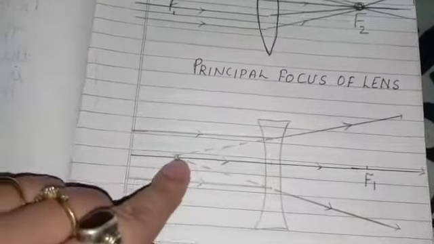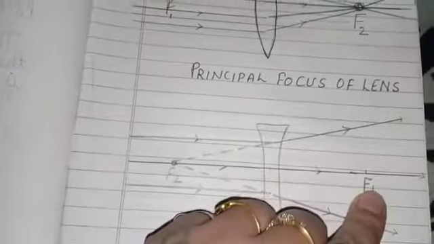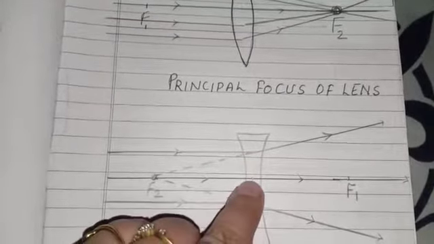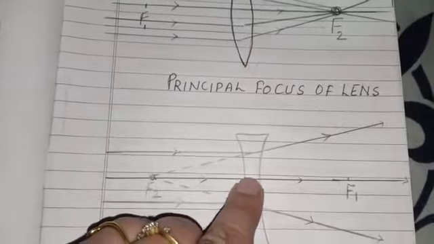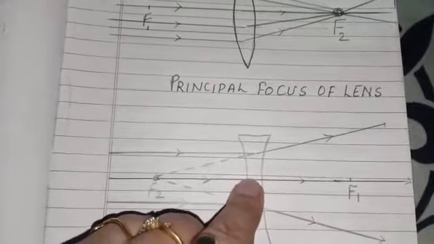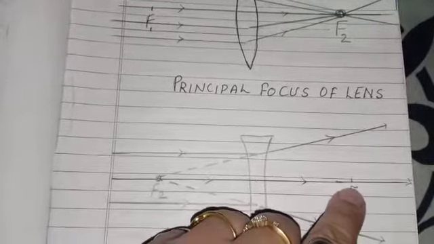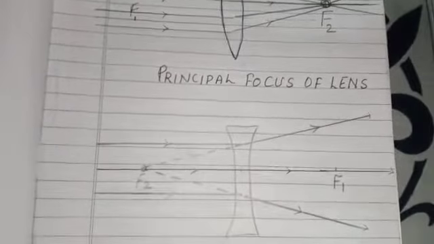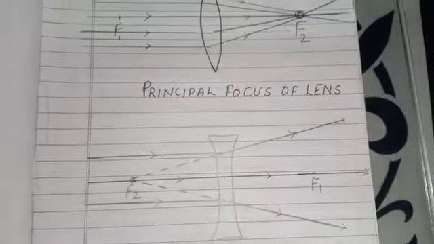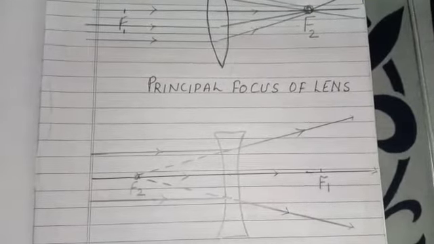At the same distance on the right hand side also, there will be a principal focus. This is called the optical center. Right? The distance between this optical center and this principal focus is known as focal length. That we will be doing in another video or another explanation.